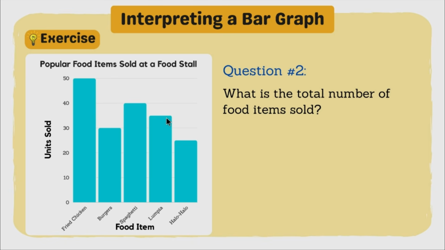So, this is probably 35. And then we have here halo-halo. This is probably 25. So, anong gagawin po sa lahat ng yan? All we have to do is to add all those numbers. Then, our answer will be 180 units. Okay, yun po yung total number of food items sold.